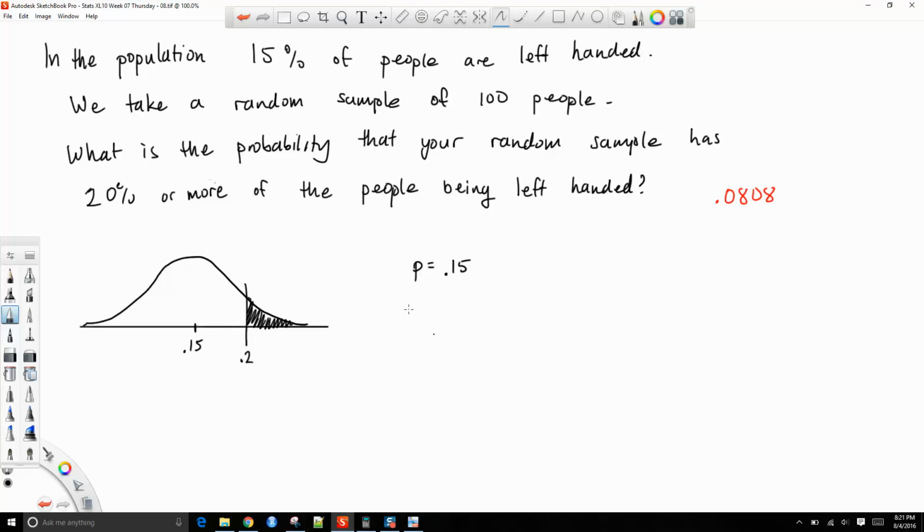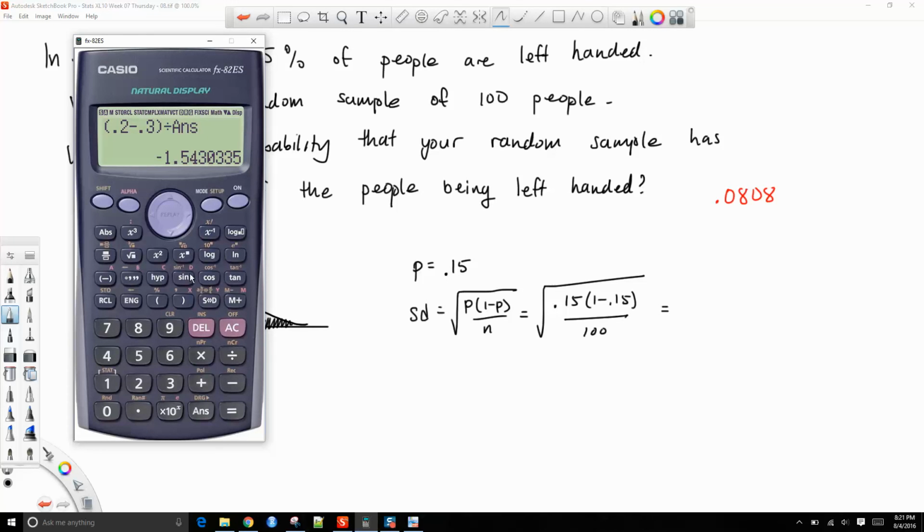Our standard deviation is going to be the square root of p times 1 minus p over n. So I'm going to put in 0.15 times 1 minus 0.15, divided by 100. And I get 0.035707.